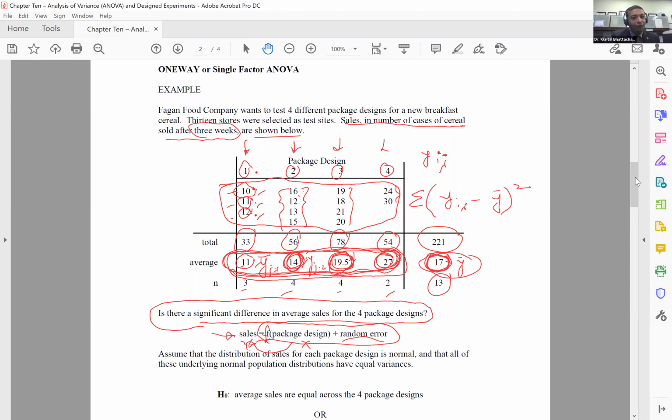So 11, 14, 19.5, 27, each one of them is that y sub j bar, which basically means the specific sample mean for each of those package designs, where j is the package design, 1, 2, 3, or 4.